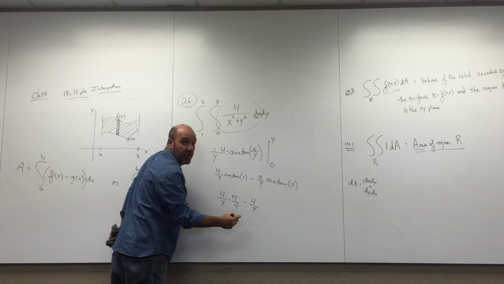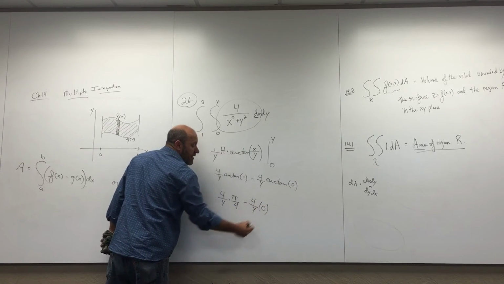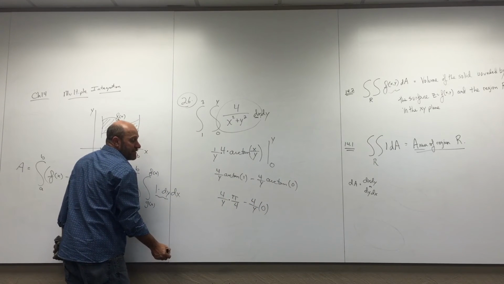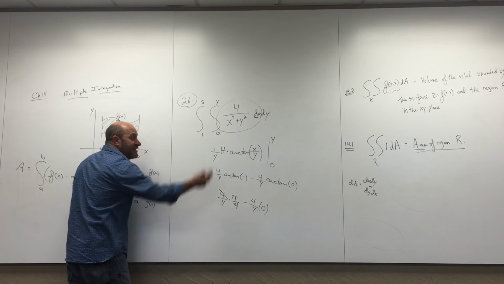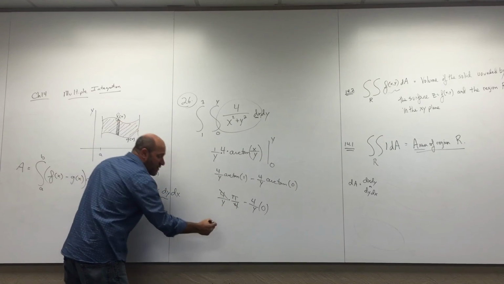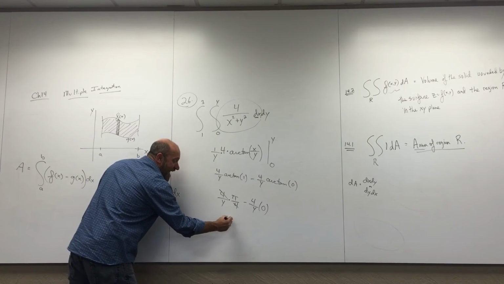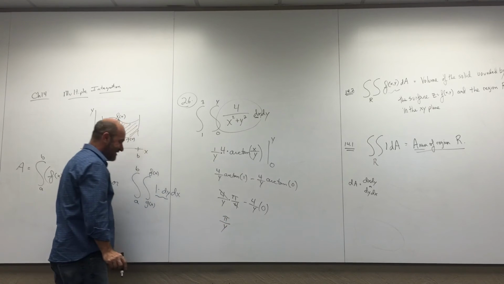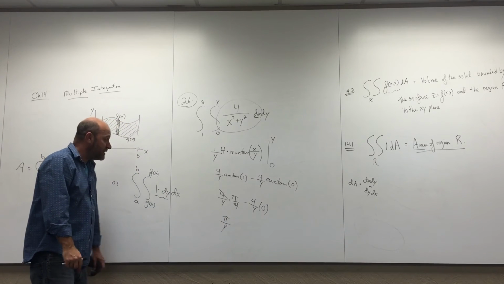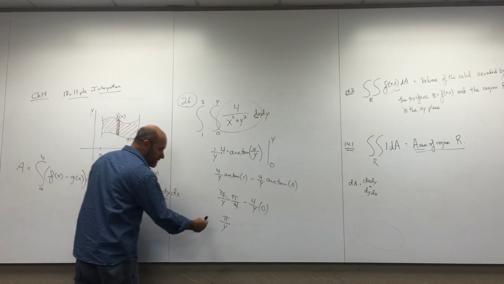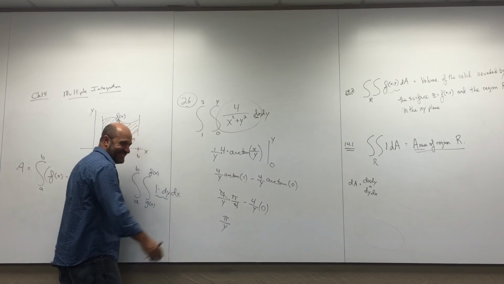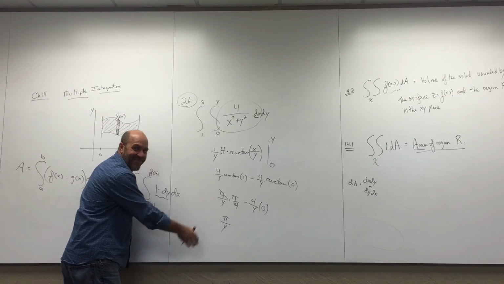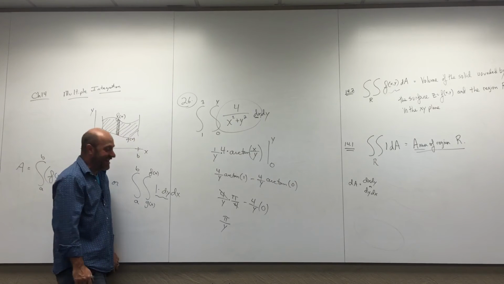Your calculator helps you, though. You're right. It's a 0, I think. 0 degrees. Hey, these 4's cancel. I just did the inner integral, and look what my answer is. Pi over y. And I ain't trying to rhyme. It's just that time. Pi over y. Wow.